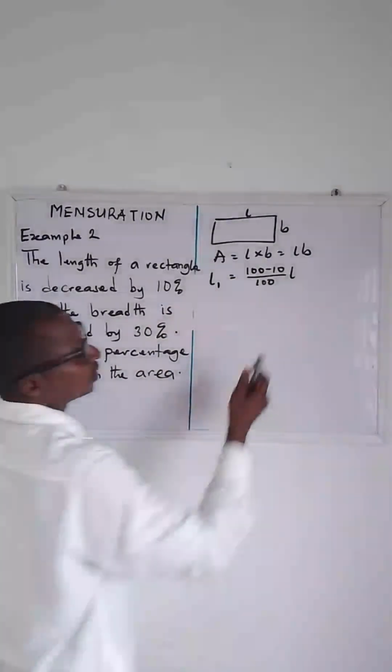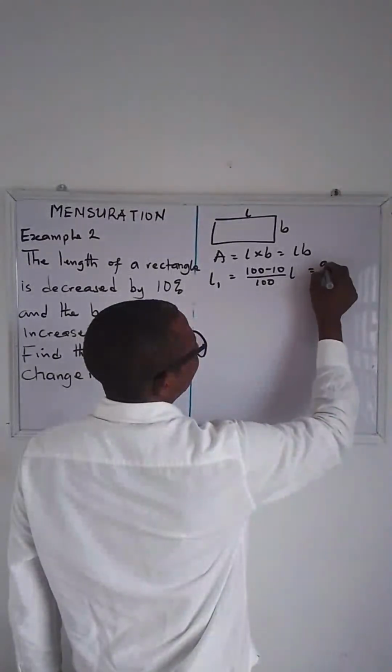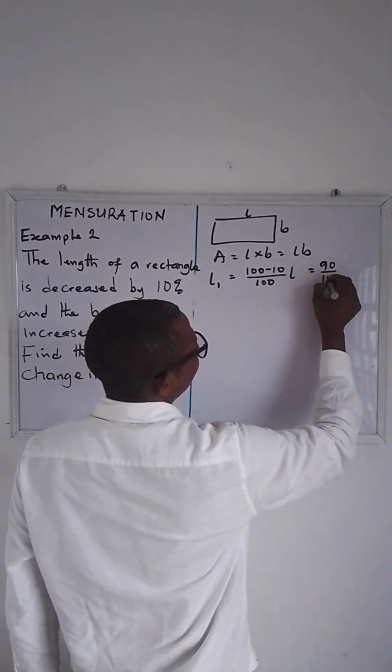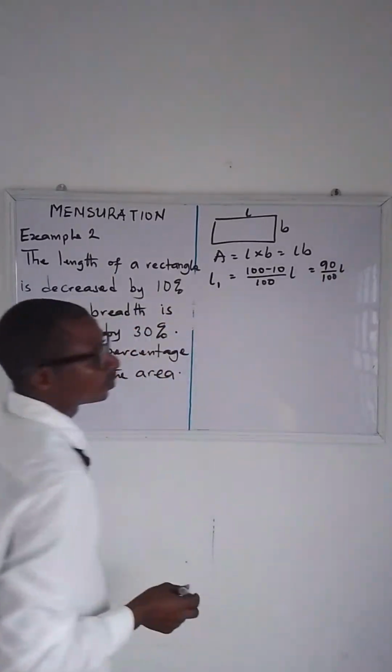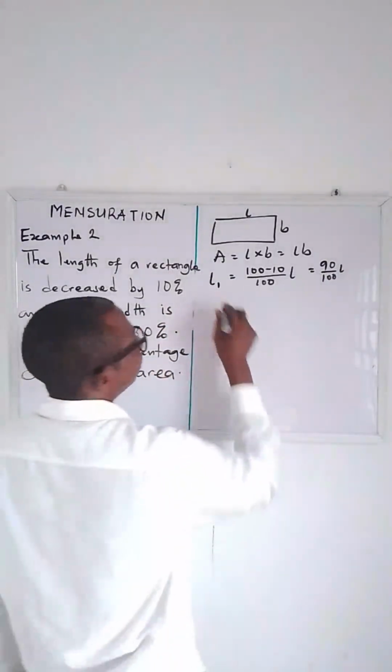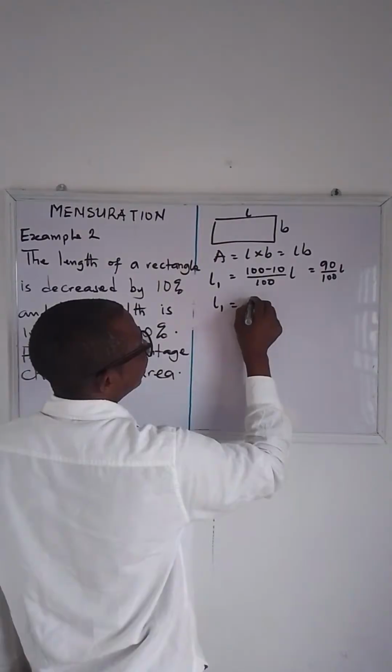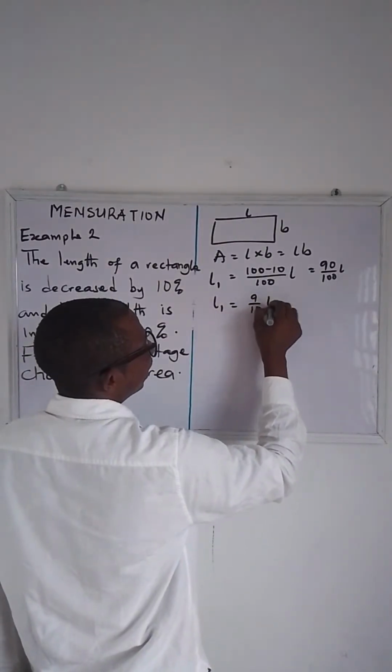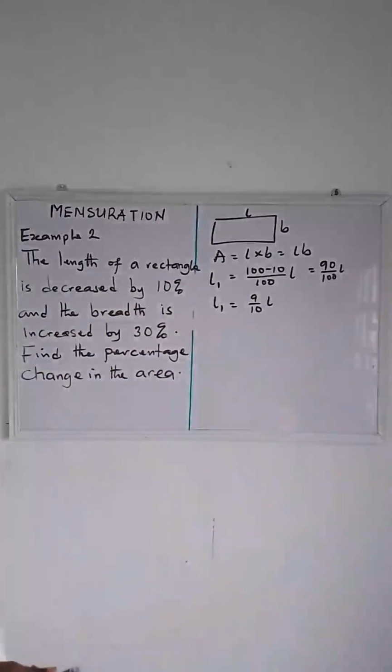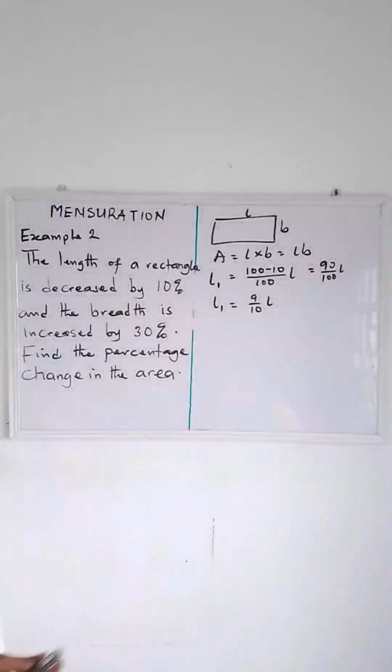That is the same thing as 90 over 100 L. So L1 is 9 over 10 L. Can you see that now? The 0 cancels 0, so you have that.